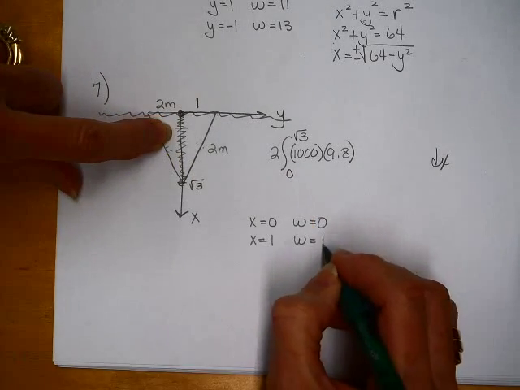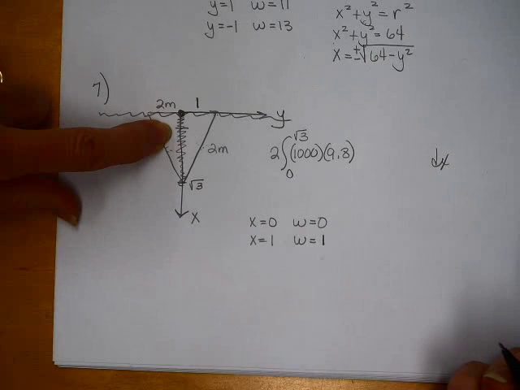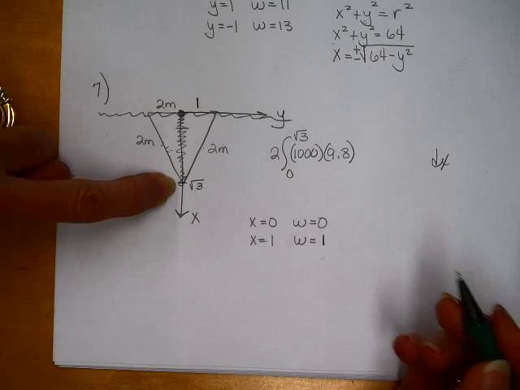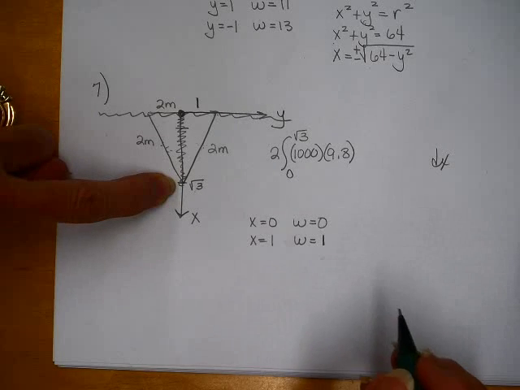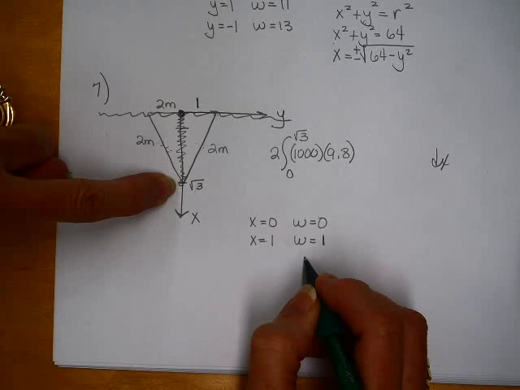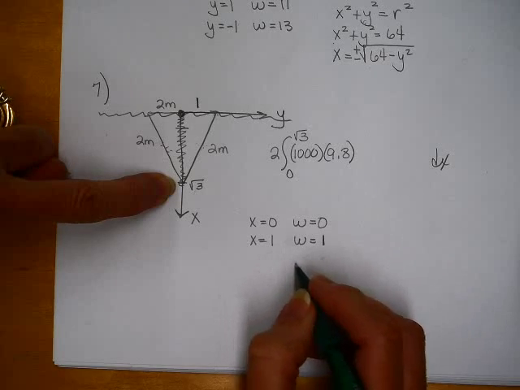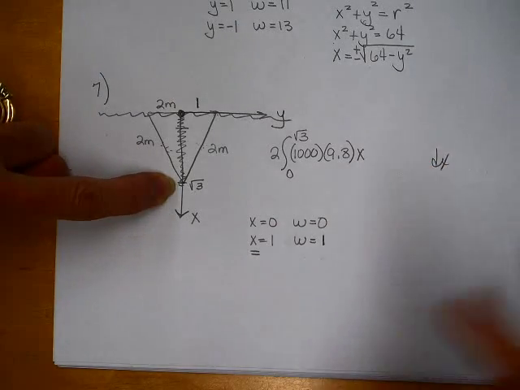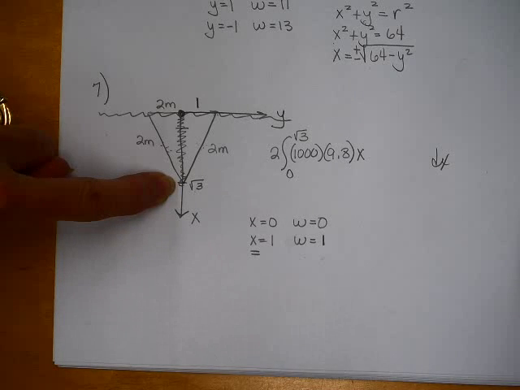When x is 1, I have 1 meter of water in front of me. All right, when x is square root of 3, or 1.7 or whatever it is, then that's the depth of the water. So the depth of my water is simply x. And that's one reason I like to put my x-axis that way.